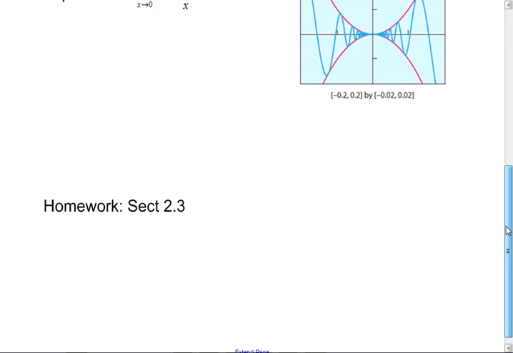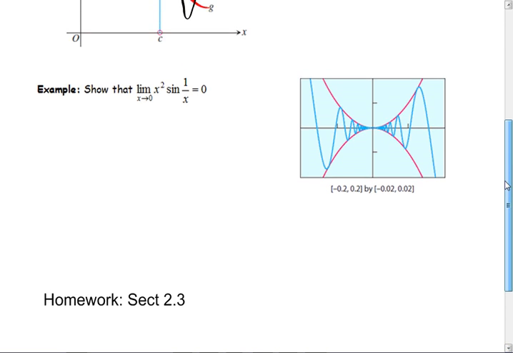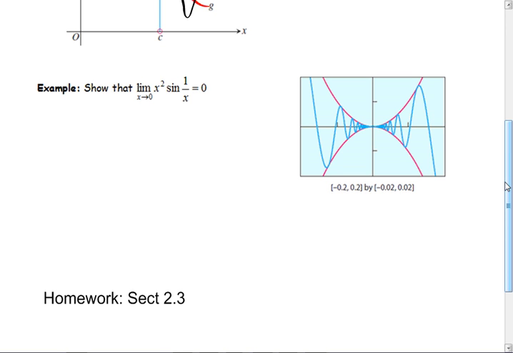That's a picture in the other book that you used last year. You need to pay attention. You're not going to know how to do this. This is a picture of x squared times the sine of 1 over x. If you try to take the limit right now, you would put in 0, right?